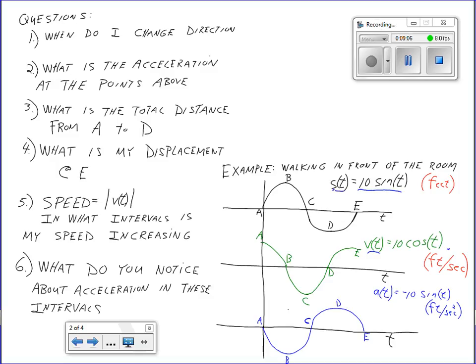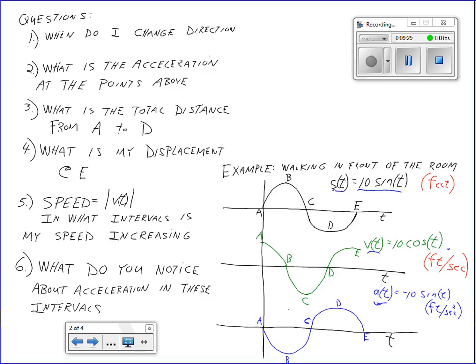Then if I want acceleration, how fast my velocity is changing, I take the derivative of velocity. Now remember, if you've studied physics, force is directly proportional to acceleration.